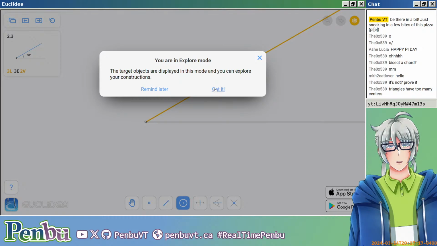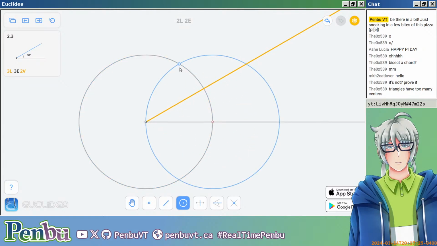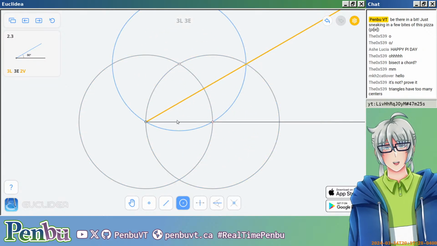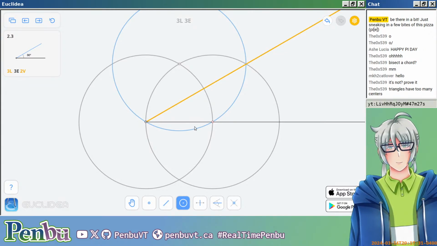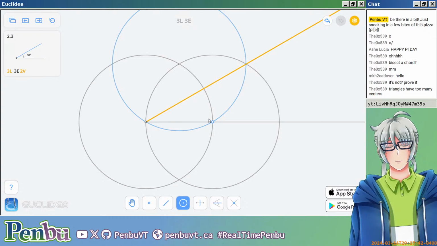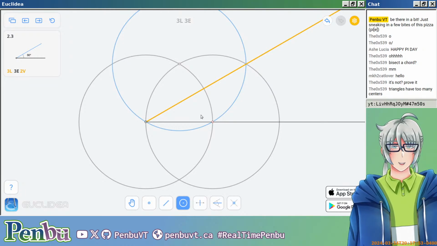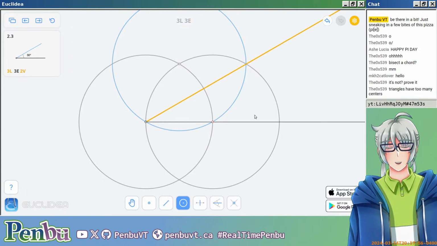We can go into explore mode. So what does this look like? So we know this is a bisector. Now how do you get down to 3? How do you construct that? This might be another one where we come back to it. I have no ideas here. I can get down to 4, I don't know how to get down to 3. I can't figure out where we can share a circle.